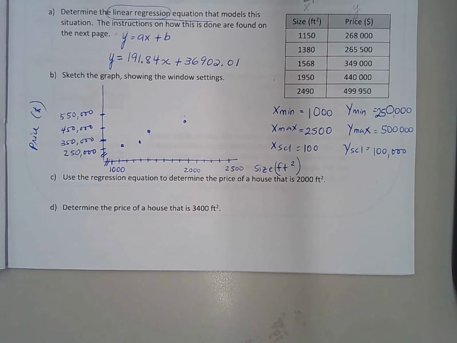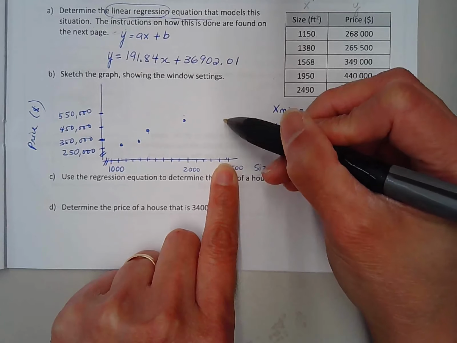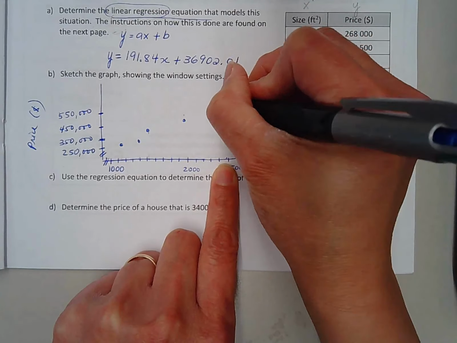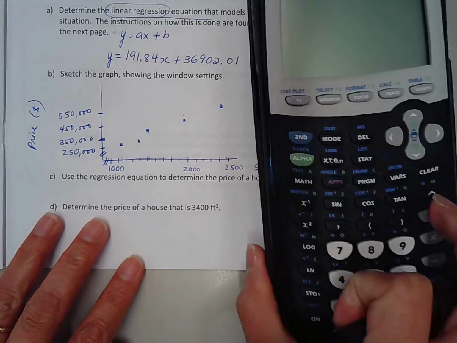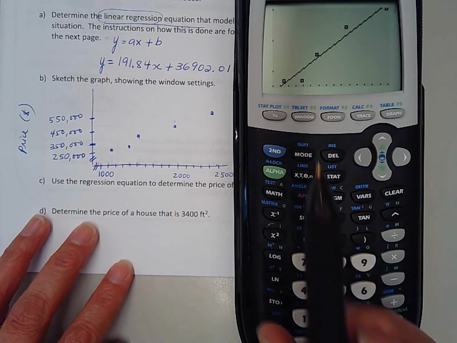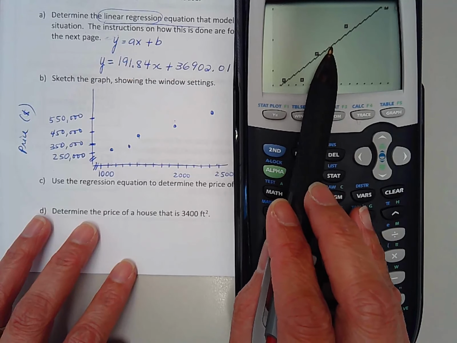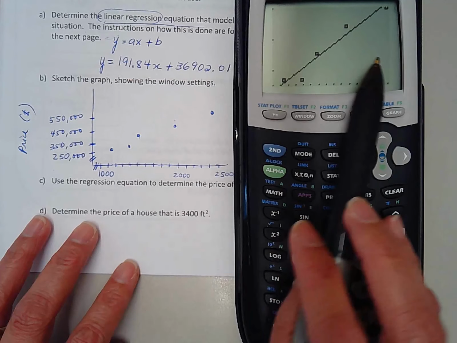And then 2490 to about 500 would be somewhere there. So the graph in our picture here is somewhat close to what we have on our screen. Very close.